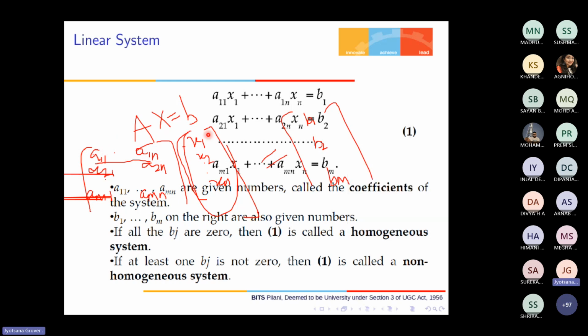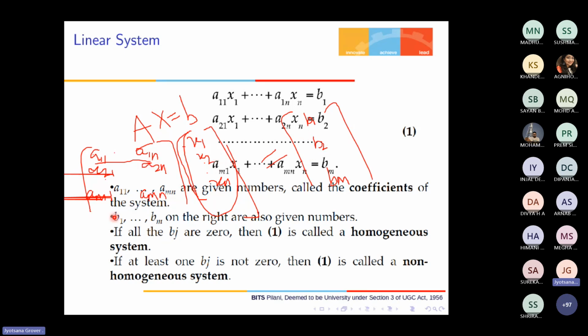You get a11 into x1 plus a12 into x2 plus a1n into xn is equal to b1. So this is the first equation. Second equation, similarly: a21 into x1 plus a22 into x2 and so on plus a2n into xn, which is equal to b2.